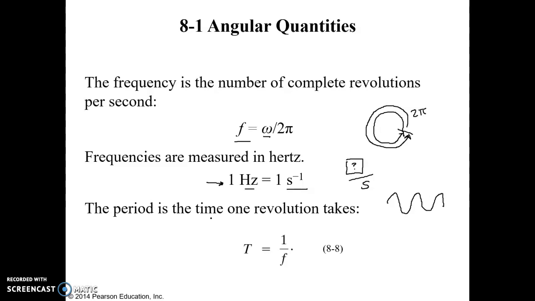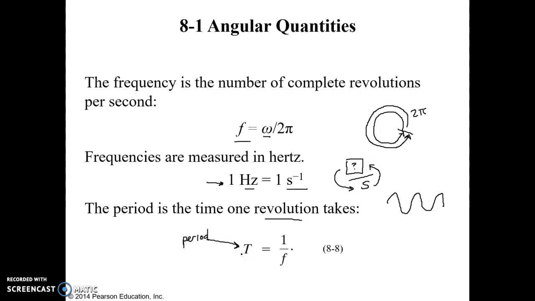And so the inverse of a hertz, if we just invert this fraction, would just be seconds. That amount of time it takes to make one full revolution is the period. So period, this T, is period.